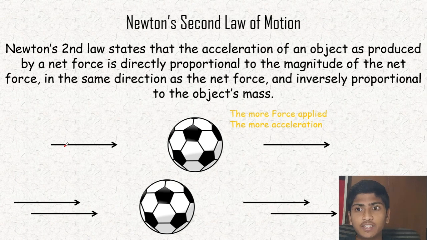Newton's second law states that the acceleration of an object is produced by net force. It means the acceleration of an object produced by force is directly proportional to the magnitude of the net force, and it acts in the same direction as the net force.